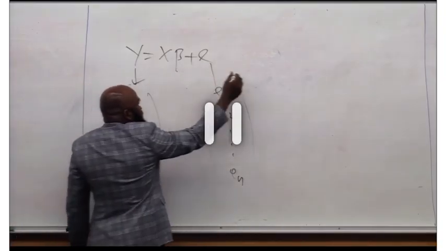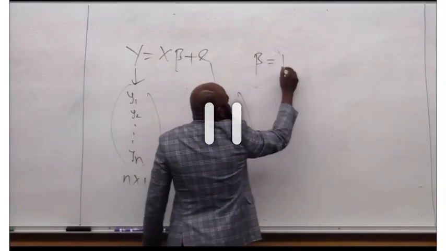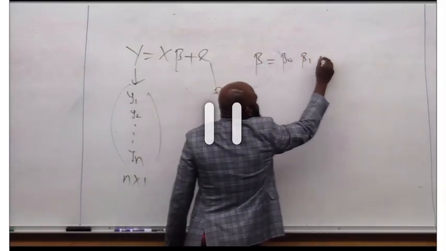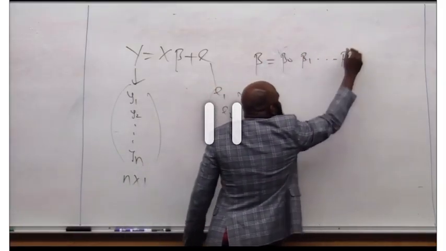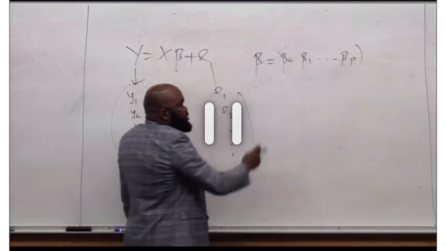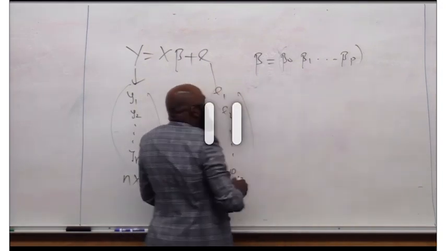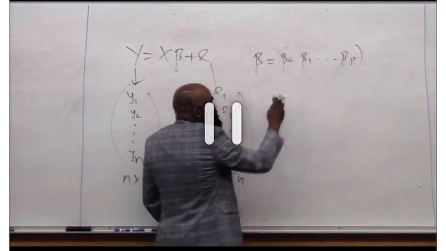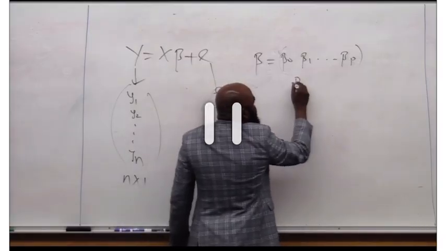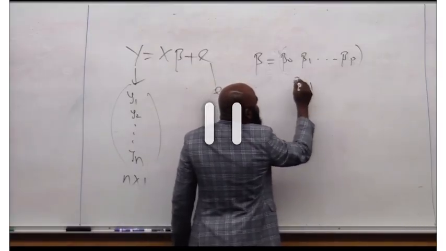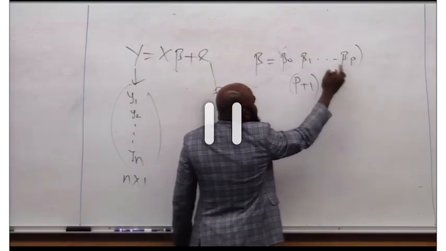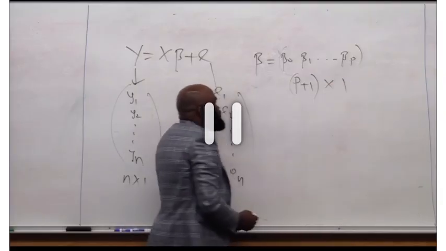Okay, the beta is beta naught, beta 1, and so on. If you take a look at what I have here, how many rows do I have? p plus 1. So this is p plus 1 by 1.